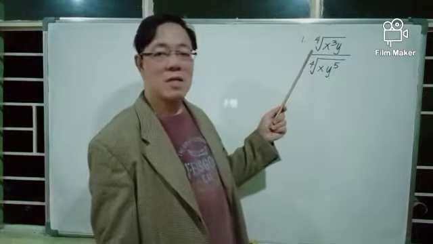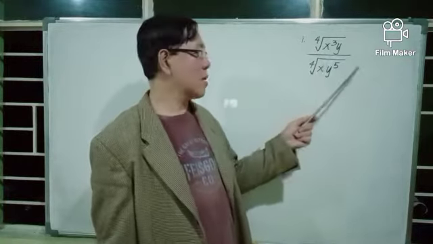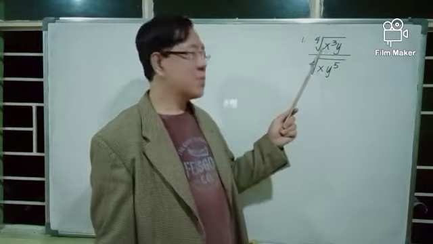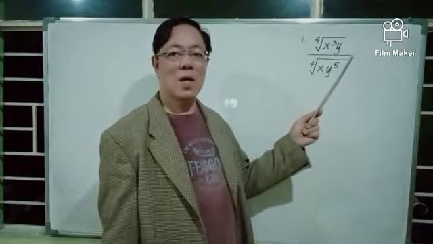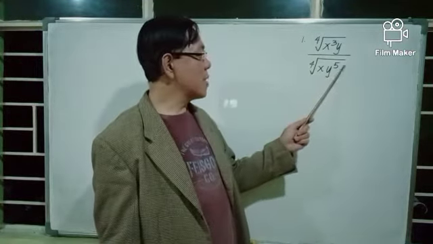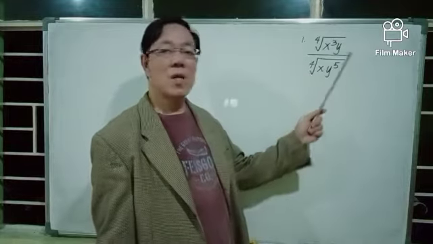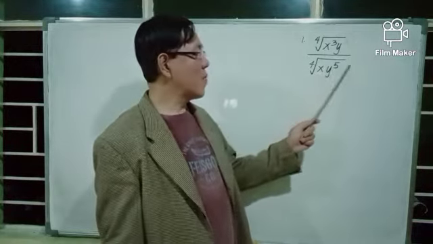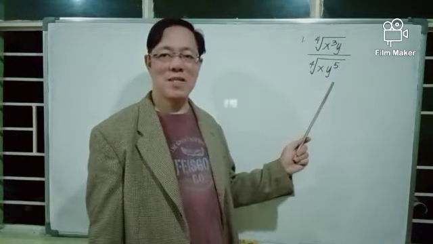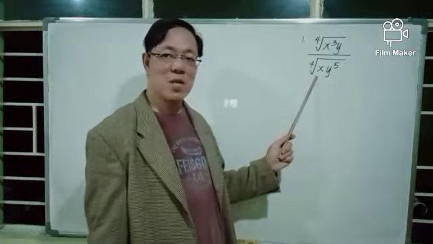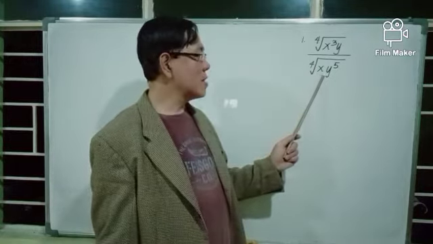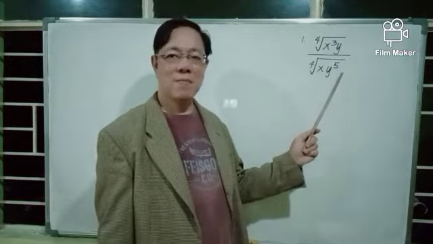Notice that the radical expression in the numerator has an index of 4. The radicand is x cubed y. The denominator is a radical expression whose index is 4 and the radicand is xy raised to 5.